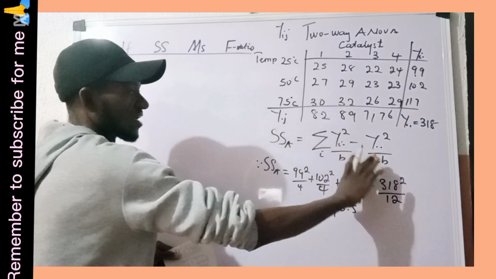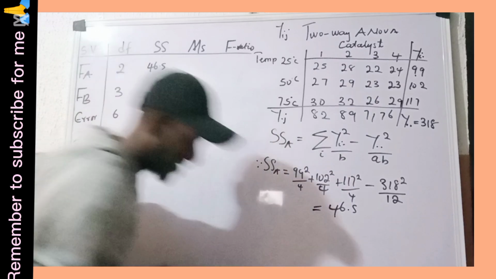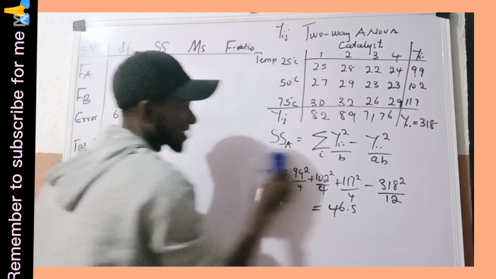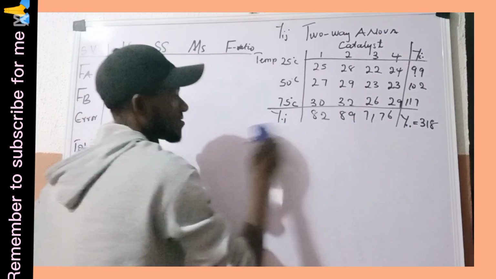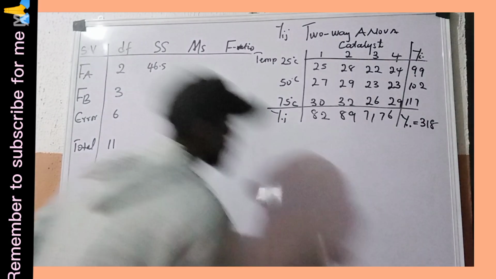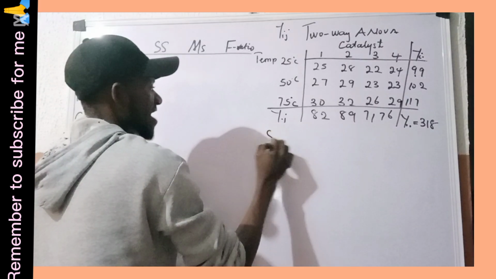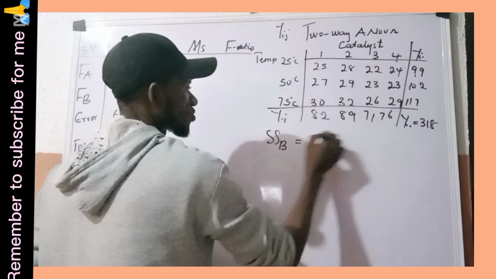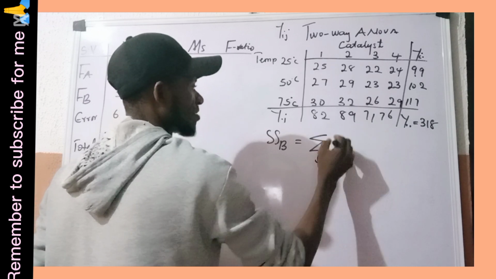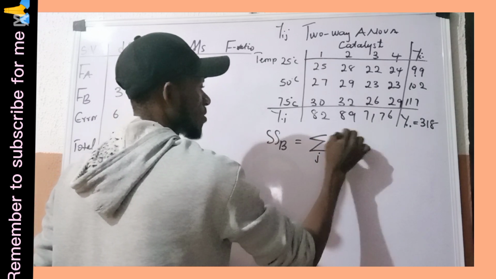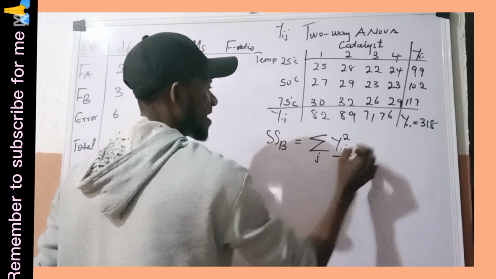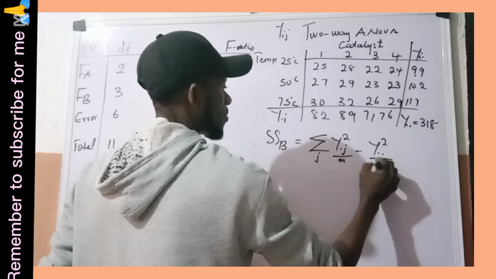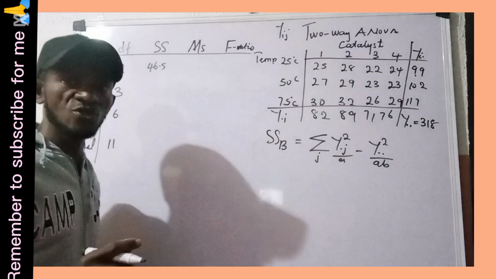So permit me to clean here while I talk about SS of B. SS of B is going to be the sum over j of y dot j all squared all over A, minus y dot dot all squared all over A times B. That's what I'm going to do.